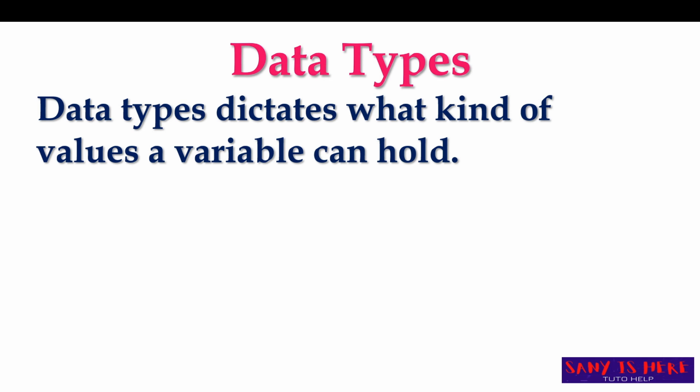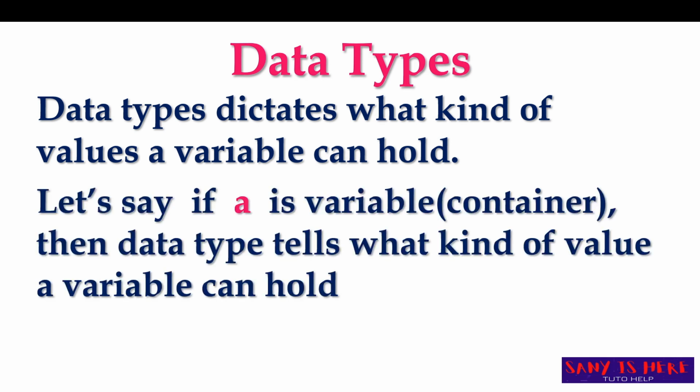Data types dictate what kind of values a variable is holding. Means, in a variable, which kind of data we are going to store, that will be studied. For example, let us say if A is a variable or it is a container, then data type tells us what kind of value a variable is holding.